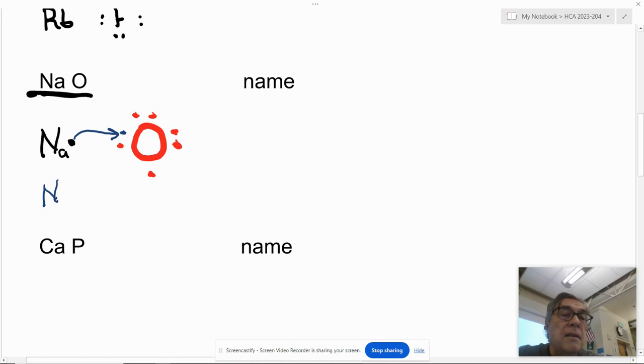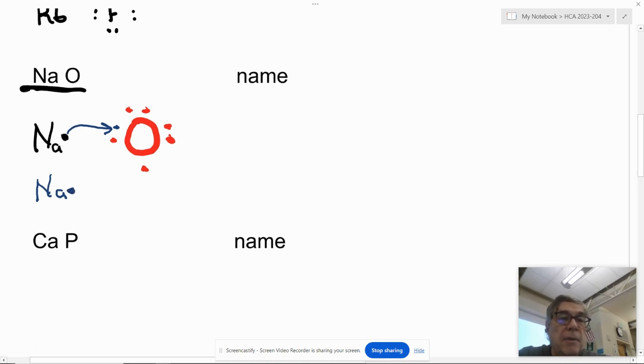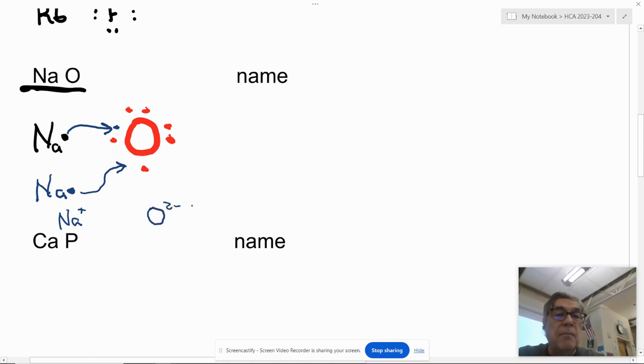And if there's 1 sodium atom around, there's probably going to be a septillion others. So that just means another electron is going to come from this sodium and fill that spot. So that's going to result in sodium ions with a charge of +1, and that's going to result in oxide ions with a charge of -2.